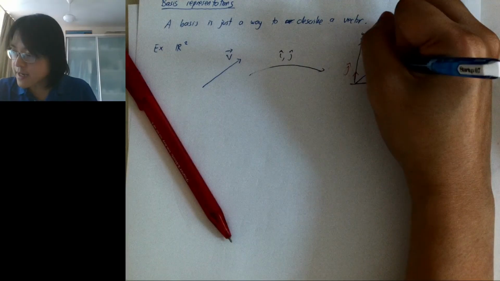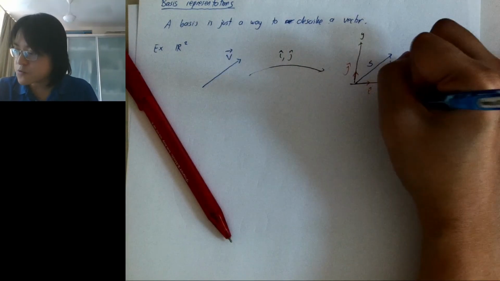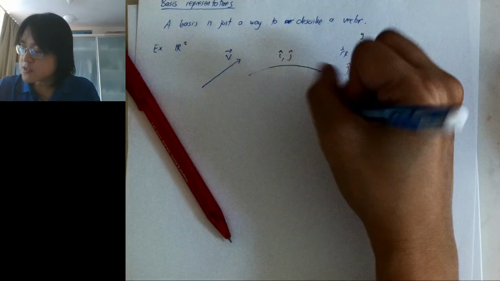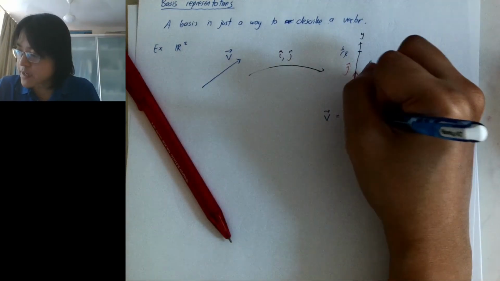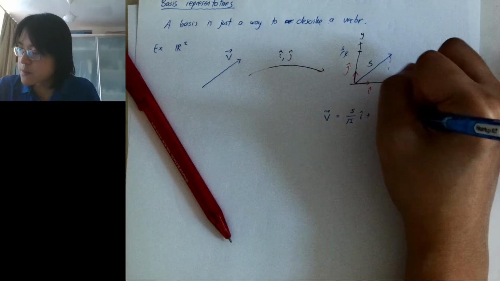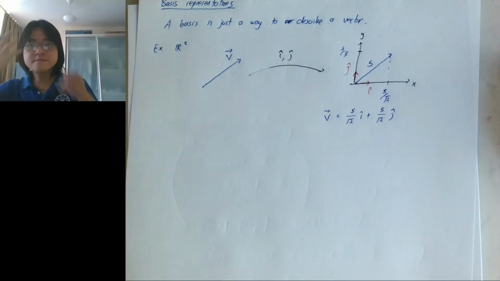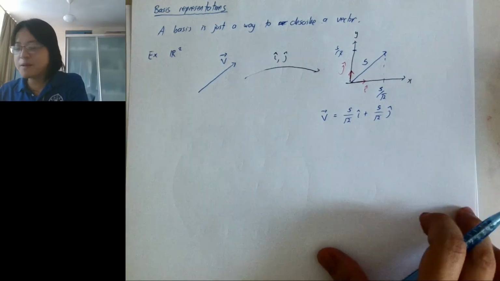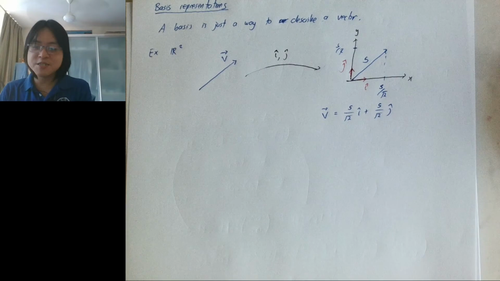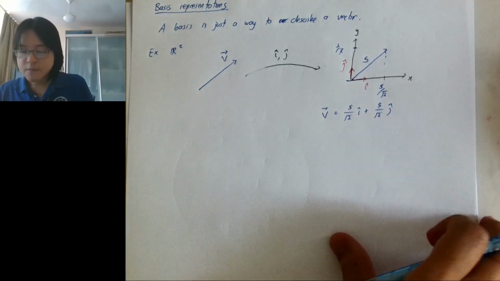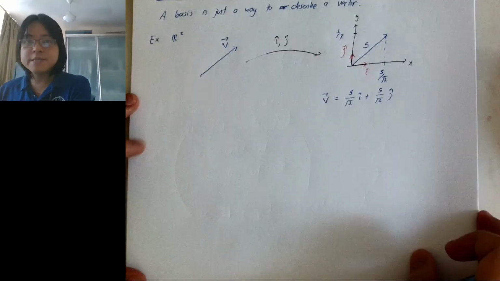Let's say the length of this vector is 5, so this is 5 over root 2, and this is 5 over root 2. So in this basis, my vector is 5 over root 2 i plus 5 over root 2 j. Am I right? Okay, I think everyone knows this. We did so much of this last year in mechanics, even in EM. But we can make a new basis.